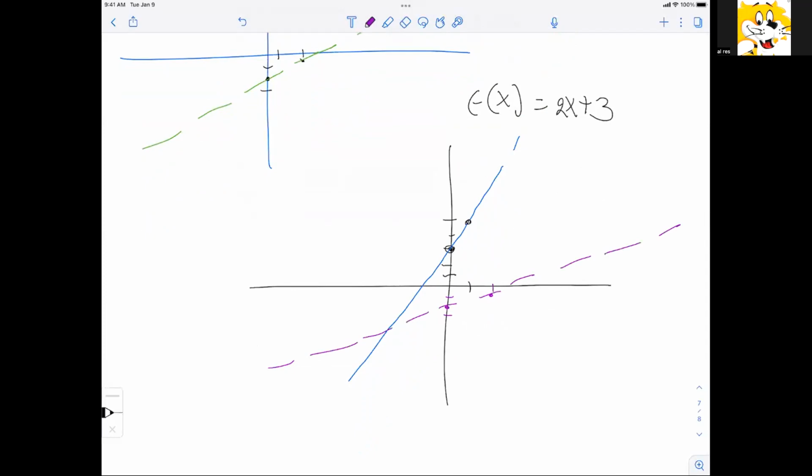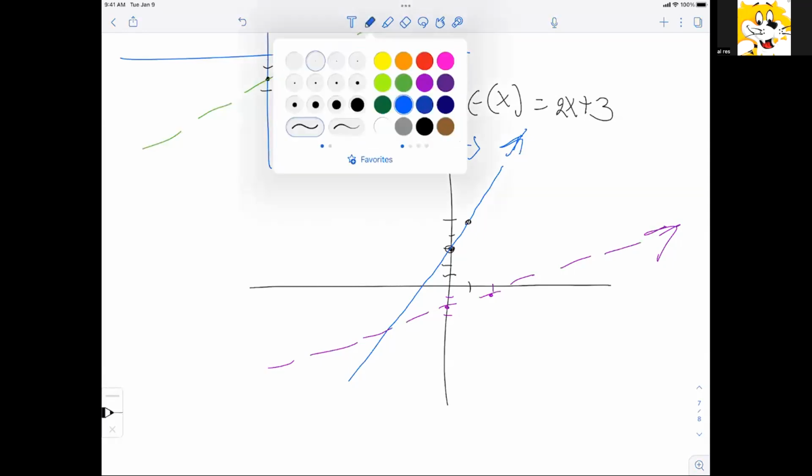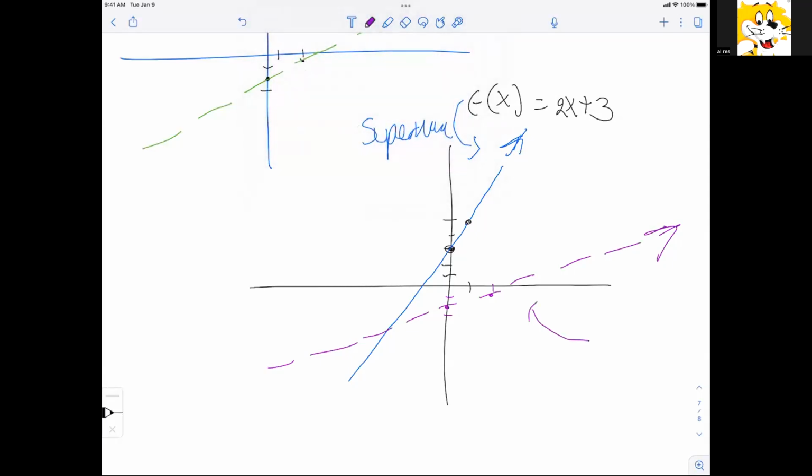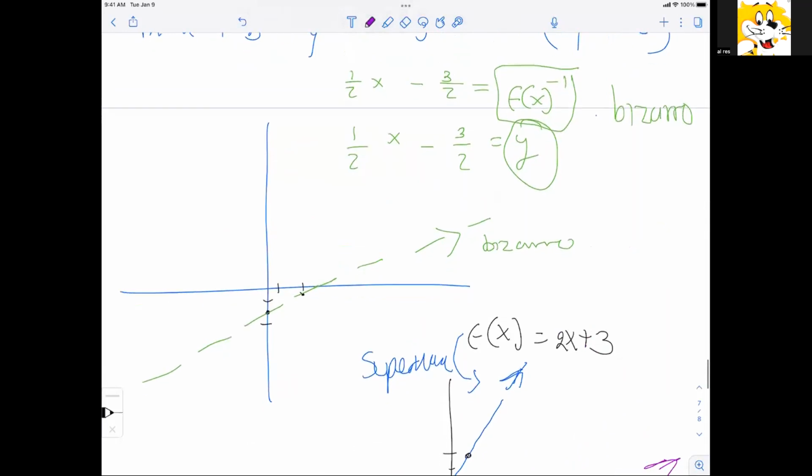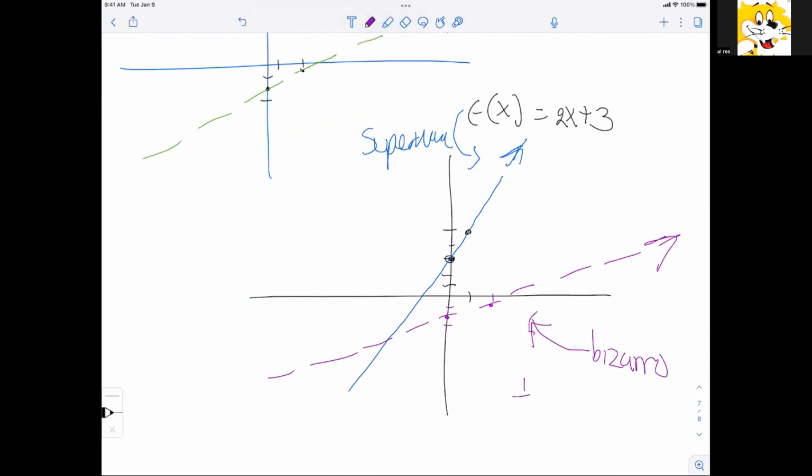And you're like, hold on a minute, professor. What's going on here, right? Well, this is your Superman, and the one in purple is Bizarro. What's the equation for Bizarro? 1/2 x minus 3 over 2 is equal to f of x to the -1.